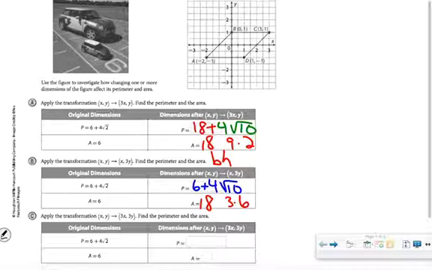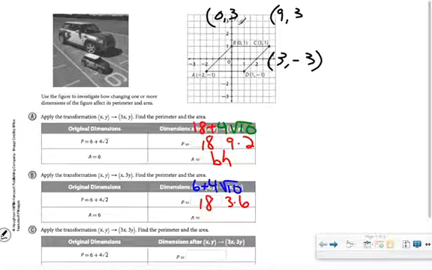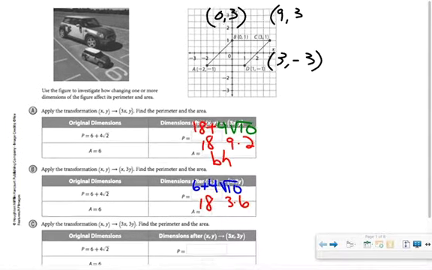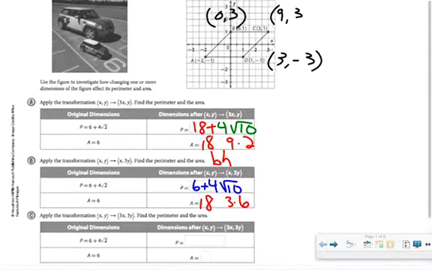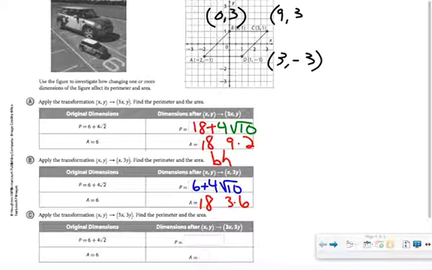That gives me 0, 3, 9, 3, 3, negative 3, and negative 6, negative 3.